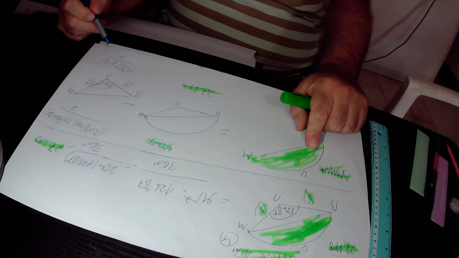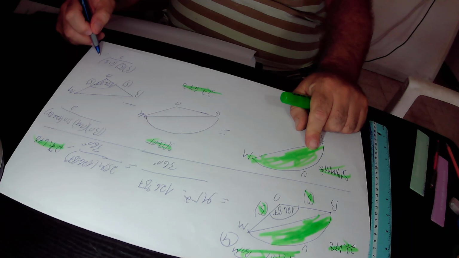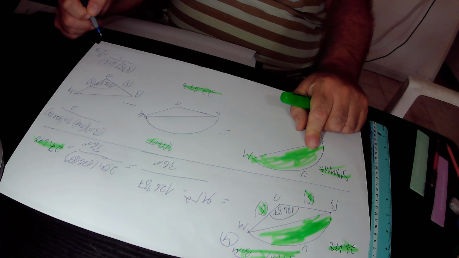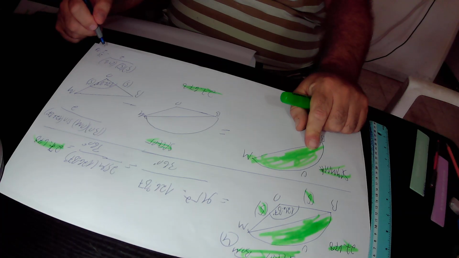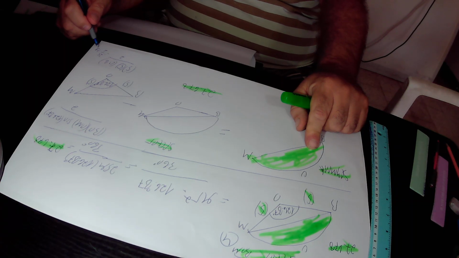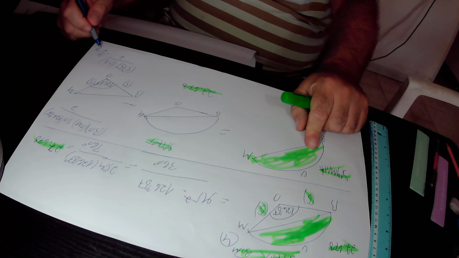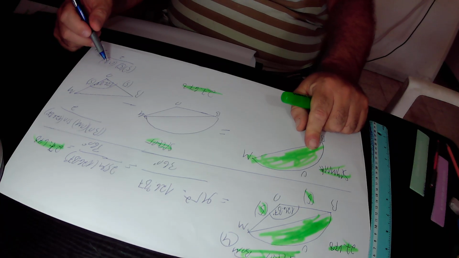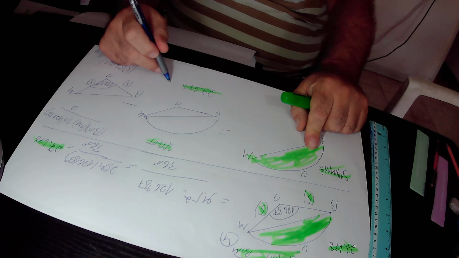5 times 5 is 25, and 25 over 2 times 0.8 is the area of this triangle BOM. 25 over 2 is 12.5, and 12.5 times 0.8 is 10. So in total we found that the area of this triangle BOM equals 10 square inches in size.